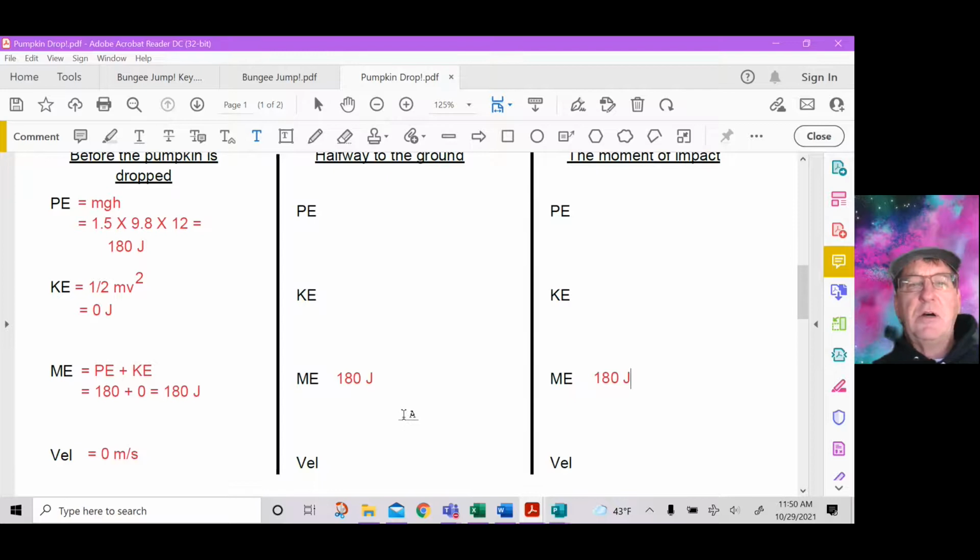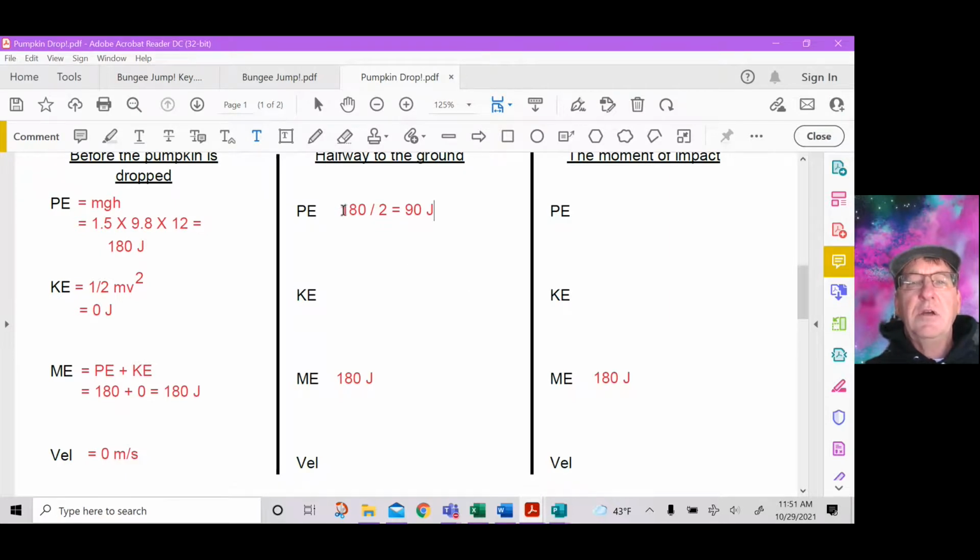Now, if I recall, ME equals PE plus KE. There it is. Which means this 180 is these two things combined. And if it's halfway to the ground, that means I take the 180 divided by 2, and I will get 90. You won't get exactly 90, but you should be close to that.